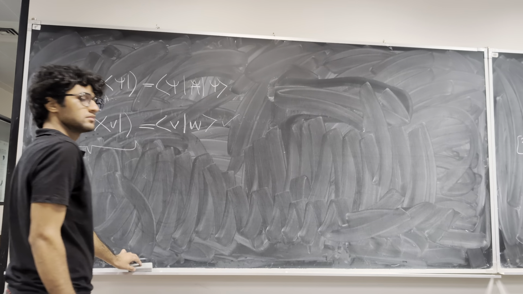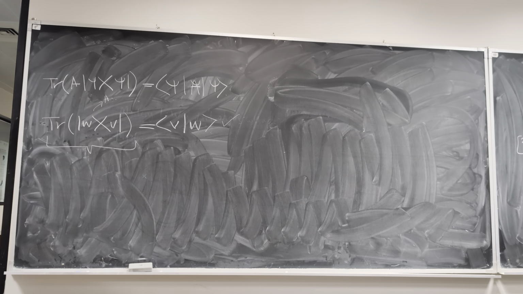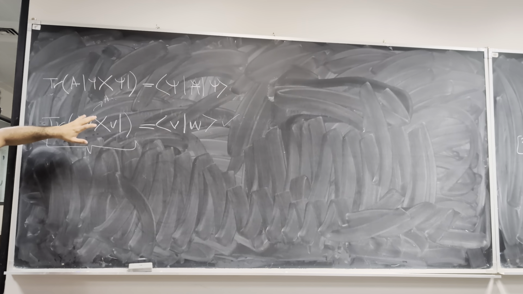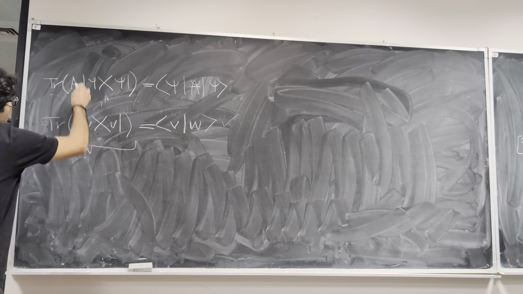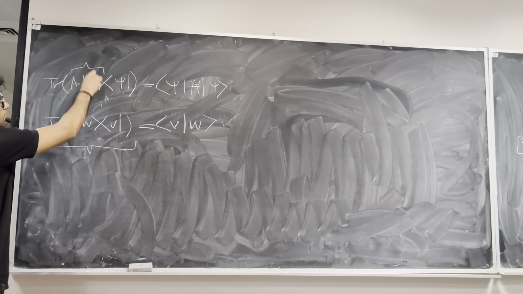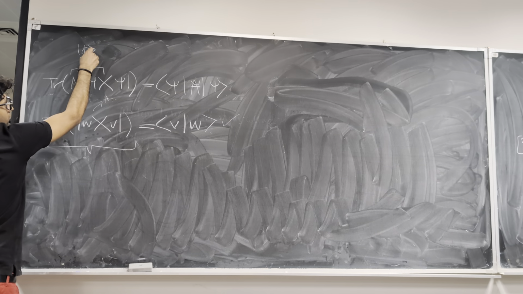Find the inner product of bra B with psi. I want to show this and I want to use this identity. How should I go about it? If you think about it, can't I define this thing, A psi, to be some phi, or W? Yes, good.